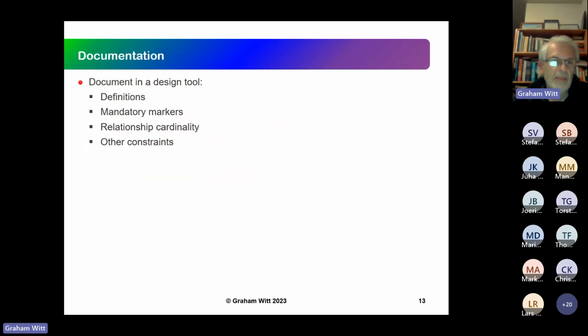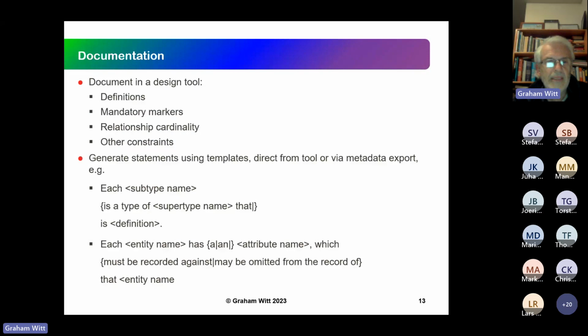Okay, these can all be documented in the design tool. Of course, you need to make sure that your design tool does support some sort of documentation with markers or cardinality, but other constraints you may well need to enter in a textual fashion rather than using any sort of symbols. And the key thing is that if you have this, then you can generate statements using templates.